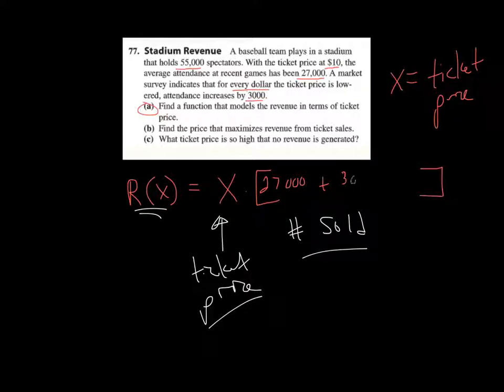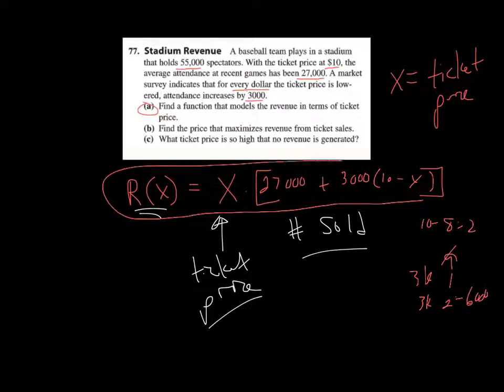We're going to sell an extra 3,000 for every dollar decrease, and the number of dollar decreases is going to be $10 minus the new price. So if the new price is $9, then 10 minus x would be 1 times 3,000. If the new price is $8, then 10 minus 8 is equal to 2, so that's going to be 2 times 3,000, which is 6,000 additional sold, so on and so forth. So here is our new model.